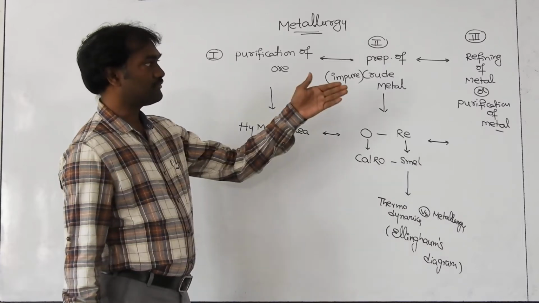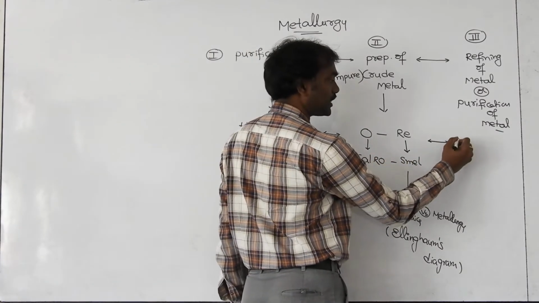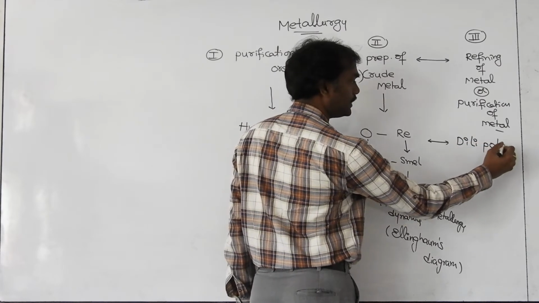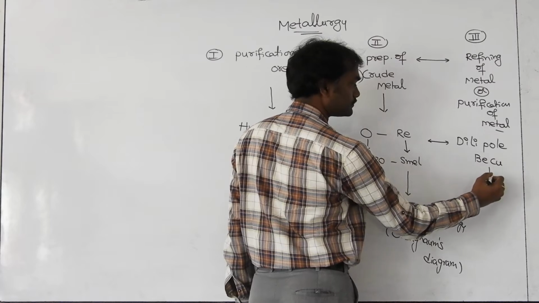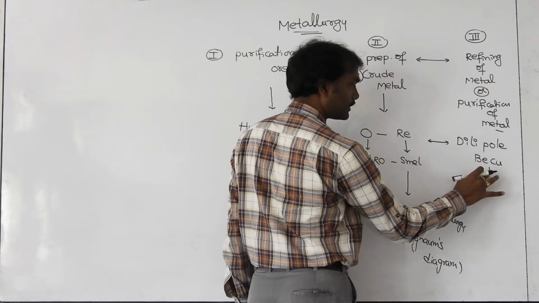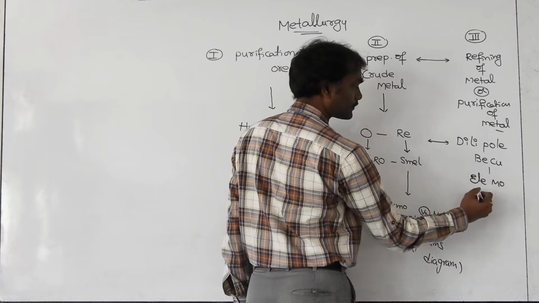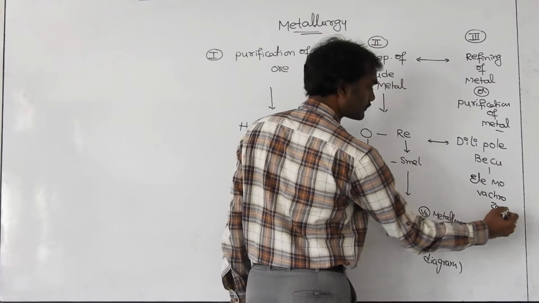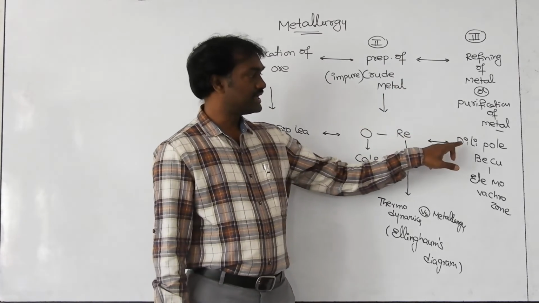Next, in the refining of metal or purification of metal, the shortcut is Delhi, Polbeku and Yelemo, Vacrozone. What are the processes in the purification?